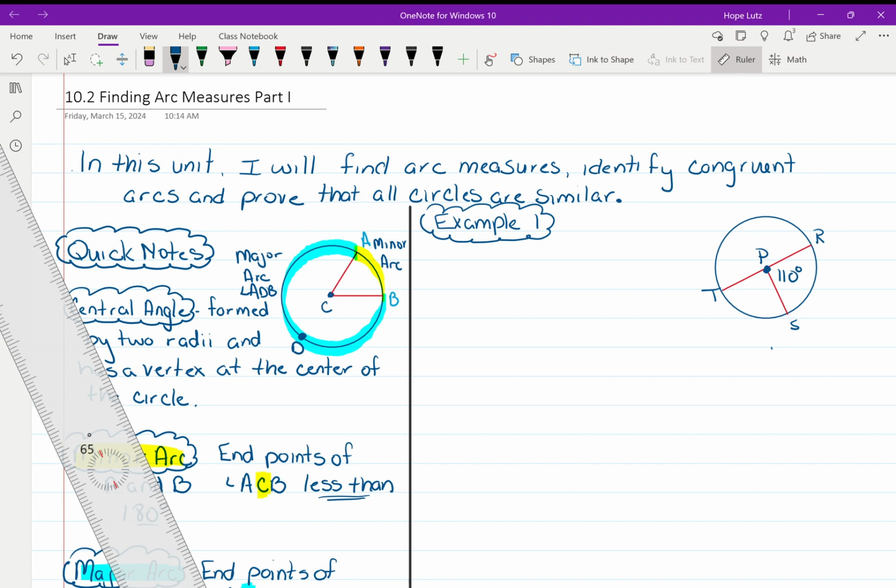So it's asking us to find the measure of each arc of circle P. And it's also going to say that RT is the diameter.